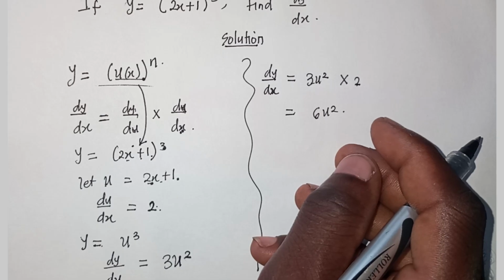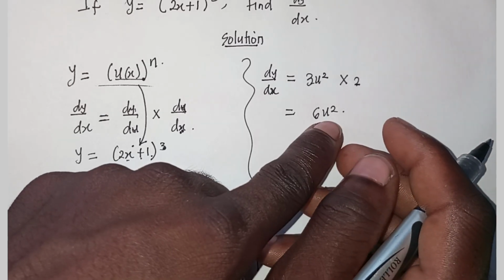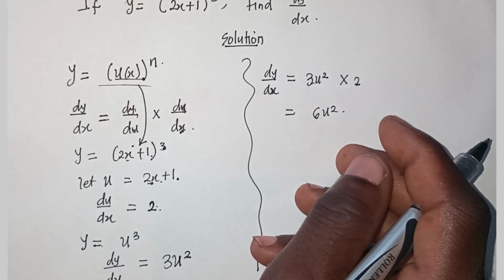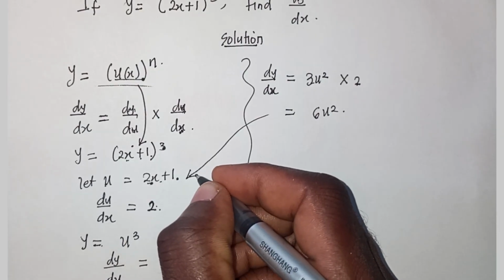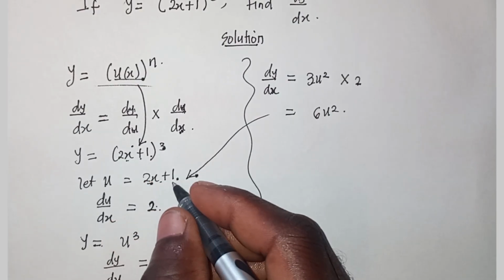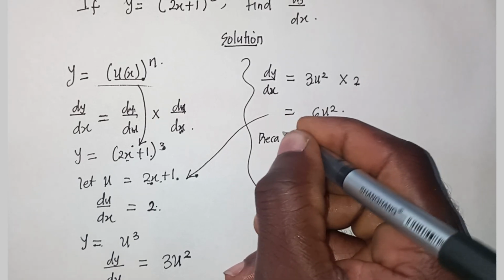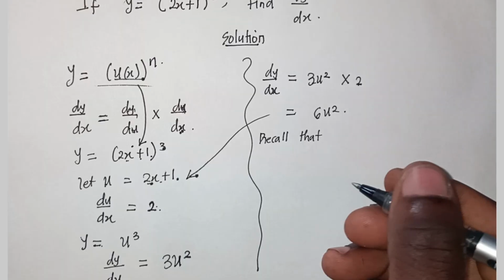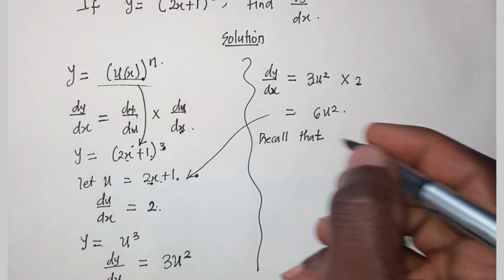Why? Because we are differentiating with respect to x, and in this case we are having u. That simply means there's something here that is missing. We need to trace it back to what we have here. We said that u equals 2x + 1. So there's something we did earlier that we have not undone.